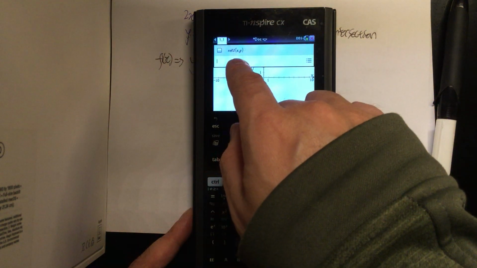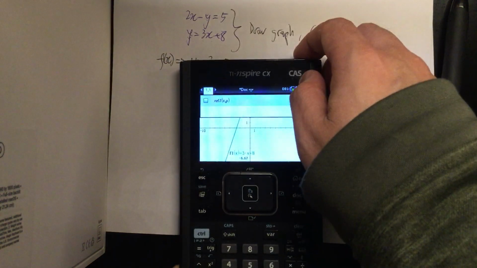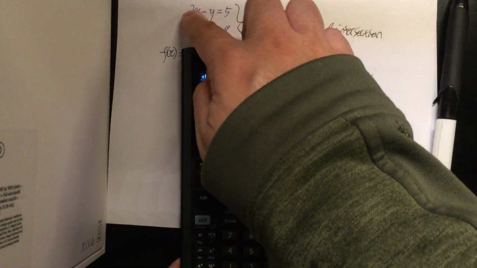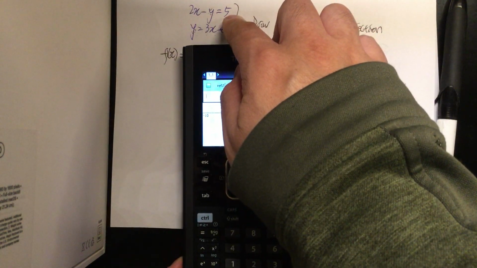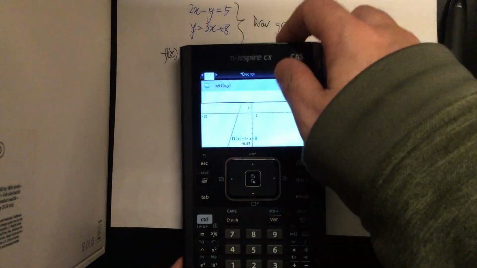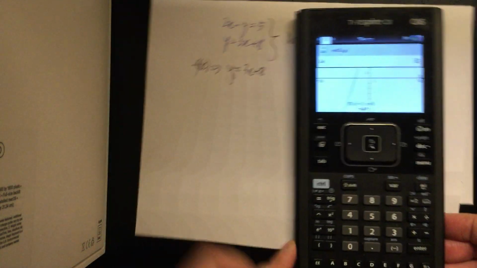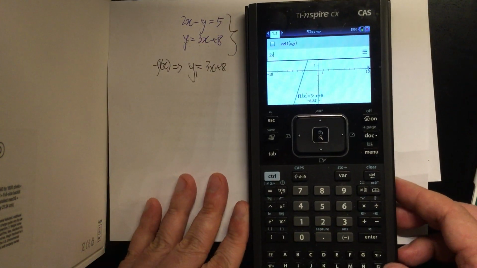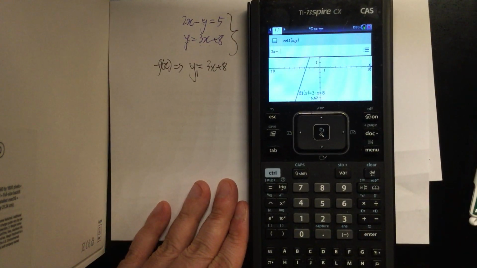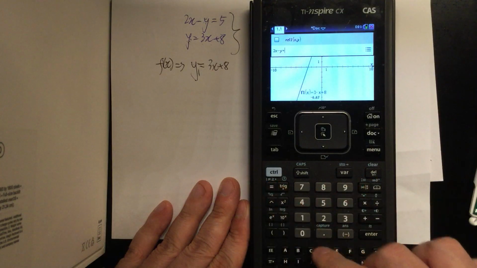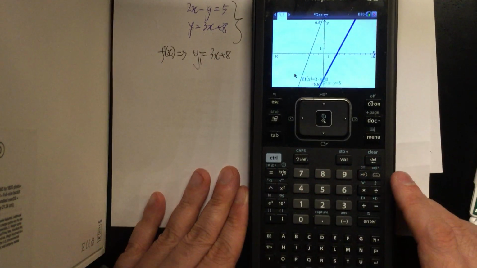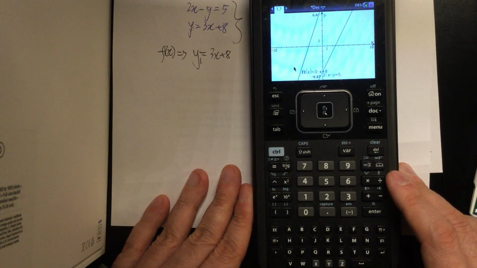You simply type this in exactly as it's required. So 2x minus y equals 5. Okay, you get this going here.